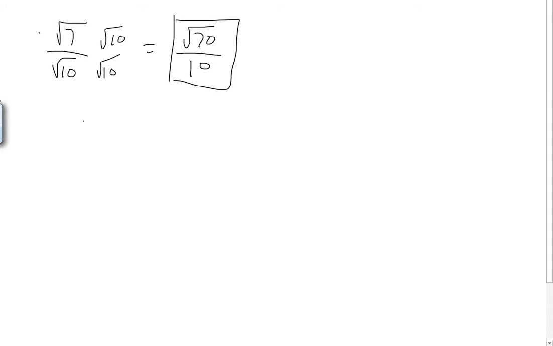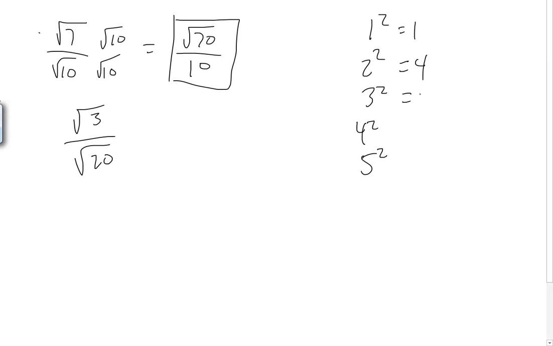But what I'm saying is, if I had, say, the square root of 3 over the square root of 20, it doesn't seem like a good idea to multiply by the square root of 20 anymore. Why? Because if I just look at my list of squares, 1 squared, 2 squared, 3 squared, 4 squared, 5 squared, I get 1, 4, 9, 16, 25, let me just keep going, 36, 49.